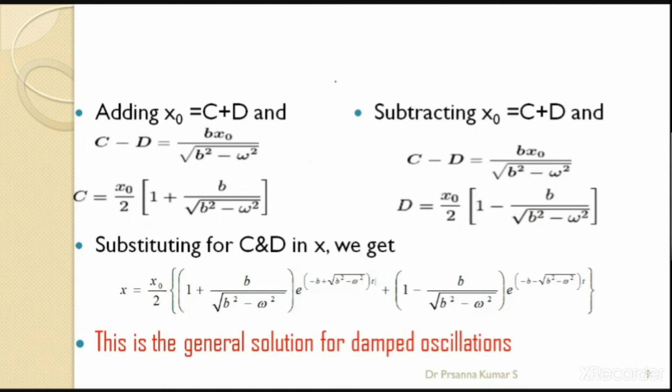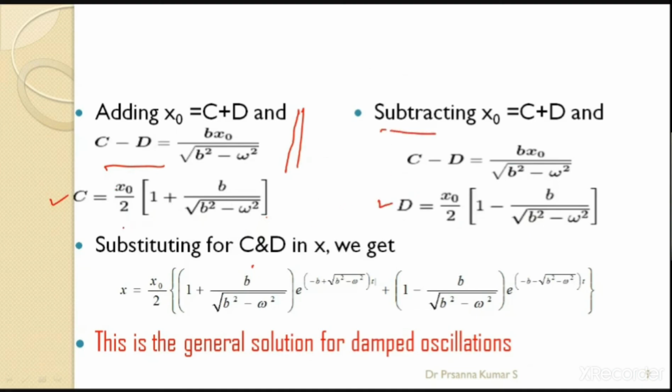c plus d is equal to x naught, and c minus d is given here. Using these, by adding and subtracting: if you add, you will get c, and if you subtract, you will get d.